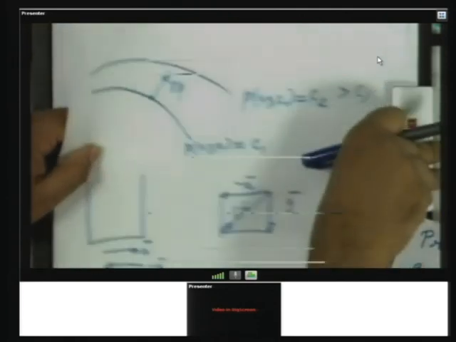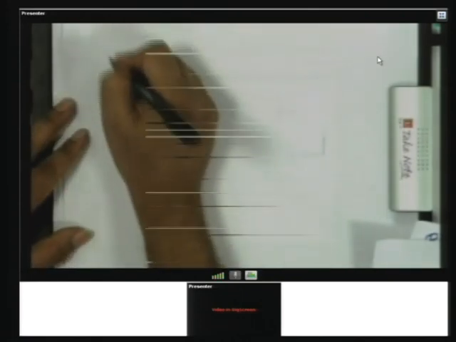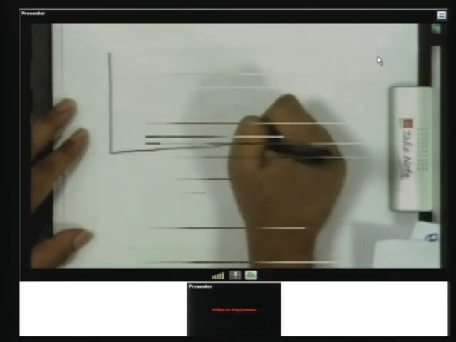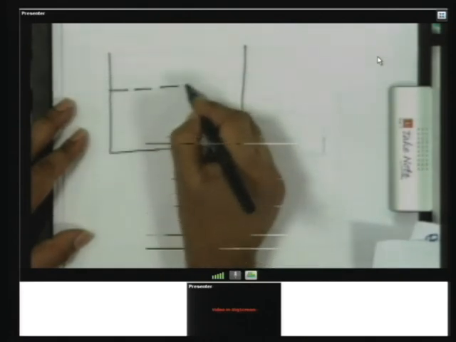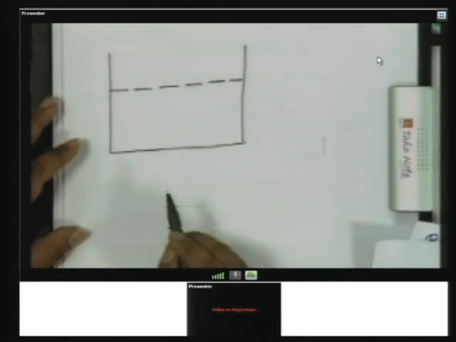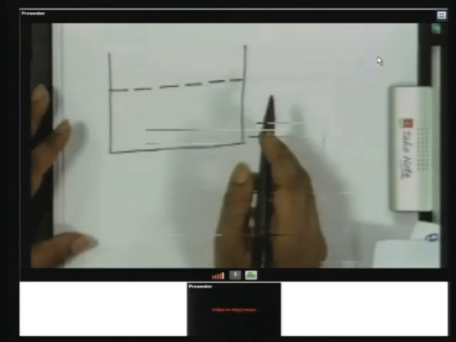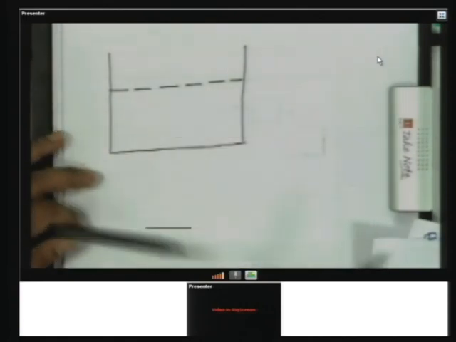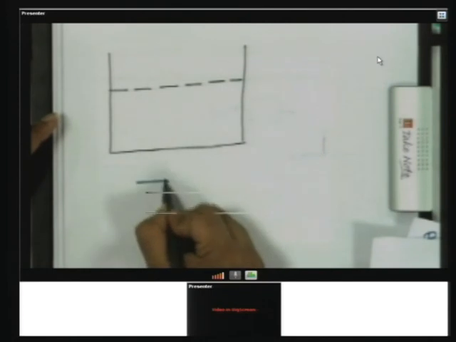So, if we go back to that case, this is the tank, and this was the initial level of liquid in the tank. So, the initial level was horizontal when the tank was at rest. Now, the tank is moving and you have an acceleration in this direction.